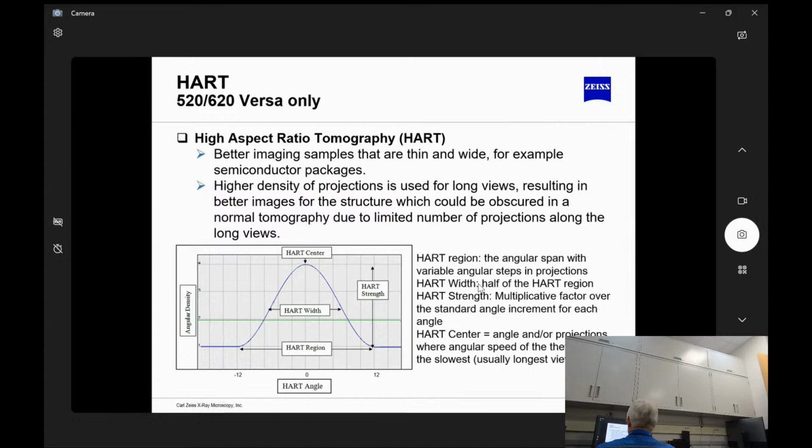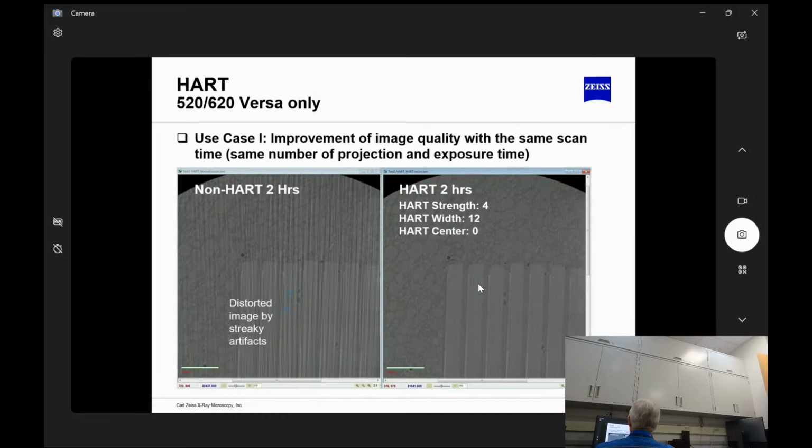Okay, so with the non-HART 2-hour scan, I've got a lot of streaky artifacts. With the HART 2-hour scan, I get almost perfectly clear tomography, something that I would see in a much longer time with a full 360.